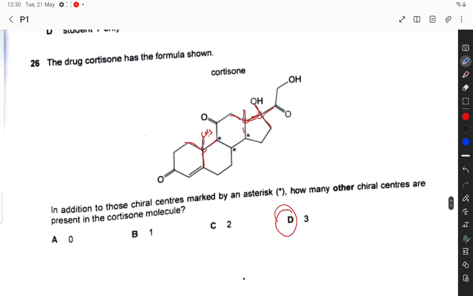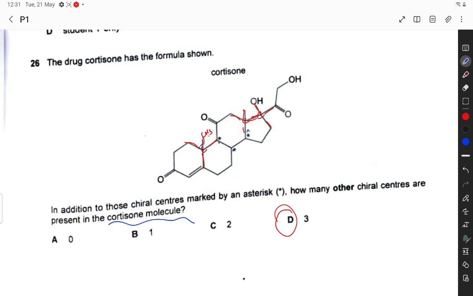The drug cortisone has the formula shown. In addition to those chiral carbons 1, 2, 3 marked by an asterisk, how many other chiral centers are present in the cortisone molecule? So there are chiral carbons over here.